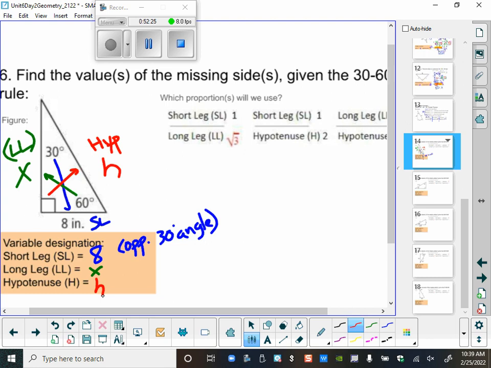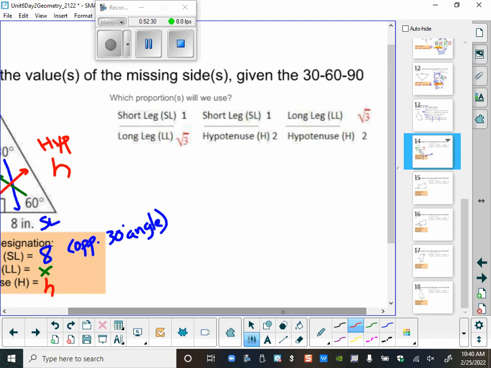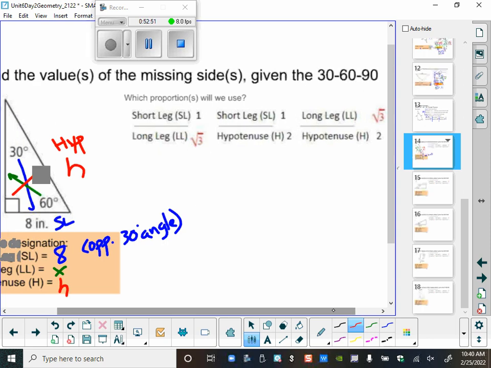Now, for these types of problems, we're going to be doing two proportions. So now we need to figure out which two proportions we're going to use. Here's how you do it. With our proportions, what do we already know? Which one out of the three that's given to us has the actual number?